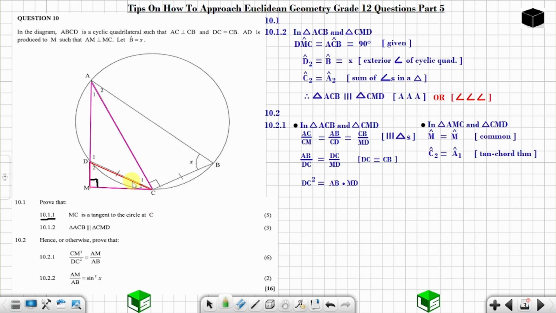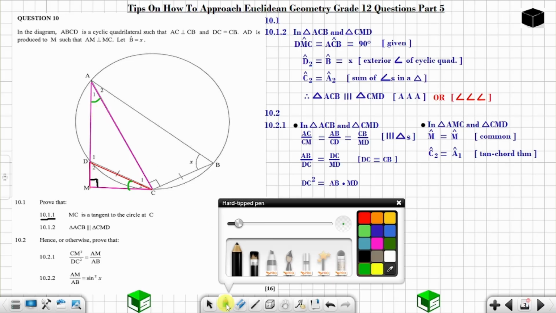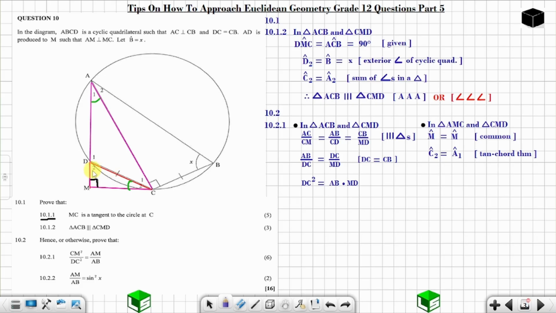We have used C2 in this triangle and A1 in the big triangle. Now you are left with this angle in this triangle and this angle in the big triangle.